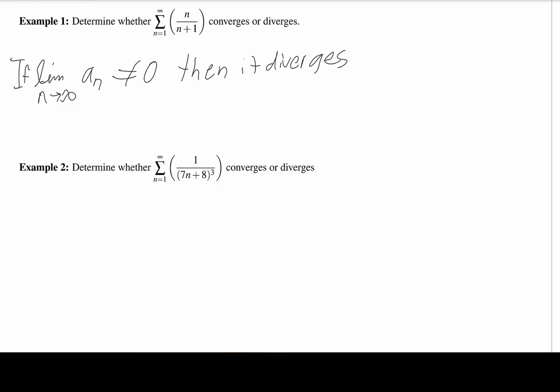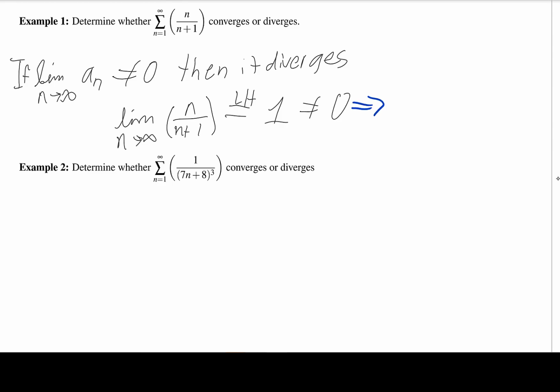And so this will be quick for us because we look at the limit as n goes to infinity of n over n plus 1. Using L'Hopital's rule, I can take a derivative of top and bottom to get that this is equal to 1. So that's not equal to 0, which means that it diverges by the test for divergence.